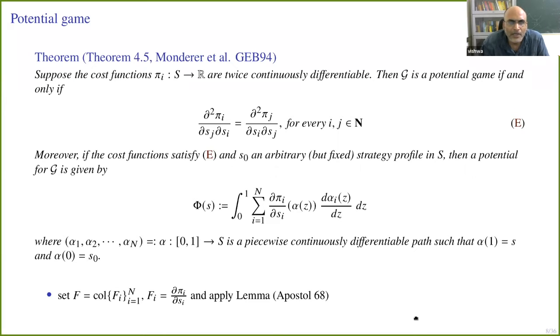Here, the payoff functions must satisfy these exactness conditions, and then it's possible to construct a potential for that game. The idea is I just set these F_i to be the partials of the payoff function of player i with respect to player i's own strategy variable. So I can stack all those partials, and that is a vector field.